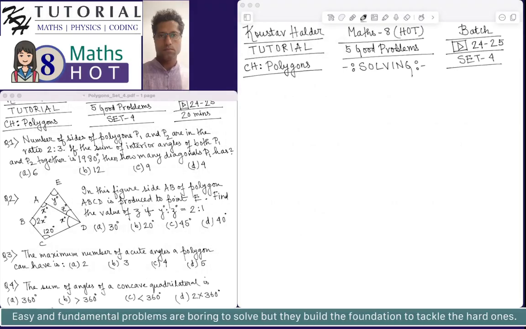Okay, so I have the set of 5 good problems on the left hand side. I hope the fonts of the problems are looking big enough so that you can see them properly. The link to the PDF of these 5 good problems will be there in the description. You can check the PDF from there as well. But please note that always try to solve the problems yourself first.